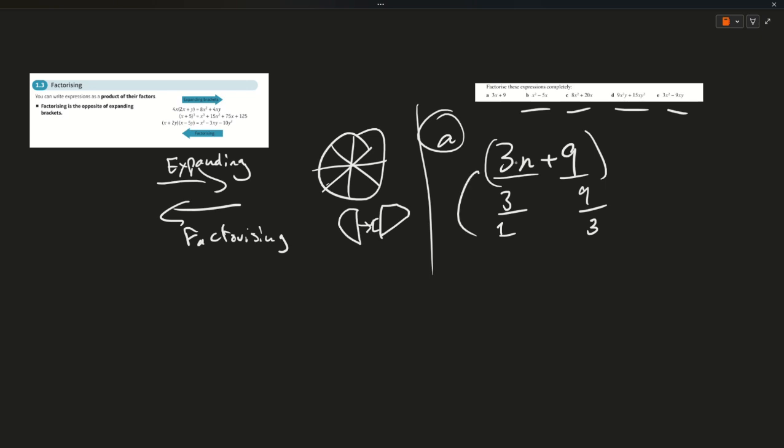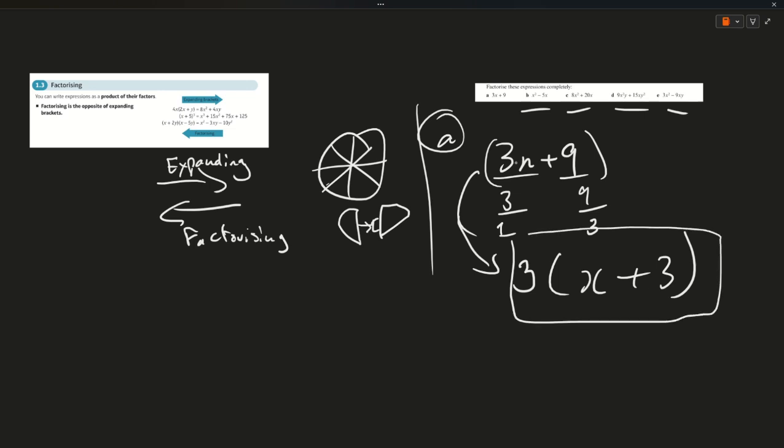So in factorizing, they're basically saying, take out this 3. This is the glue that was holding them together, that 3. And then we are left with those products. And that is the factorized form of the first one. In fact, I'll do the second one as well.